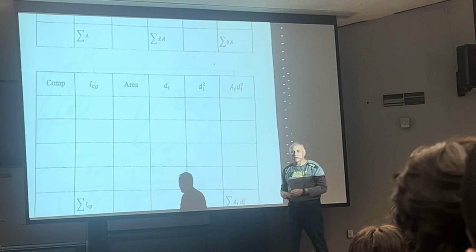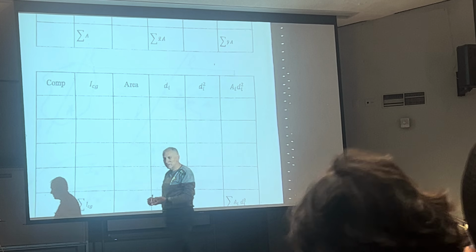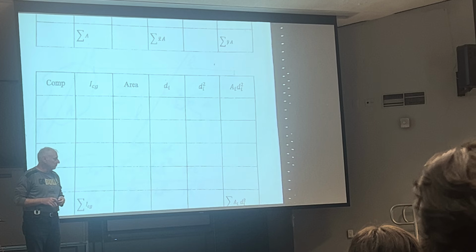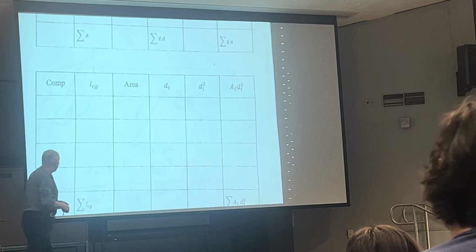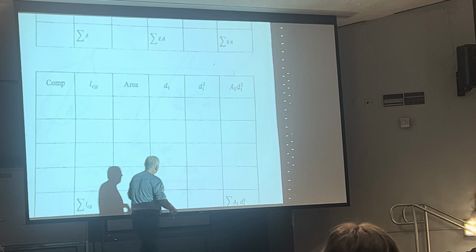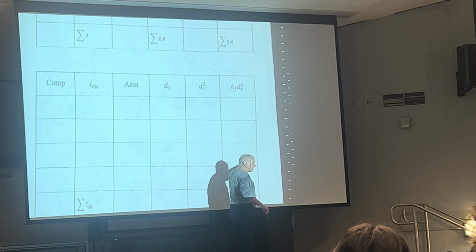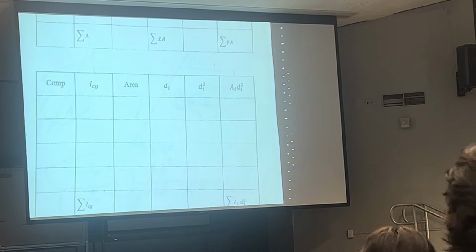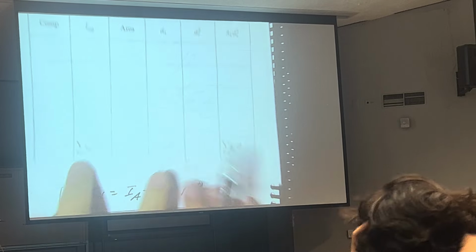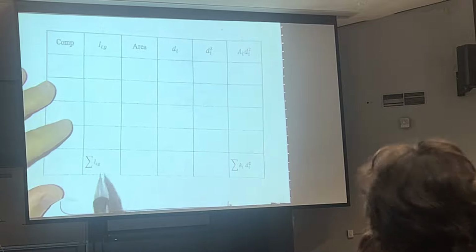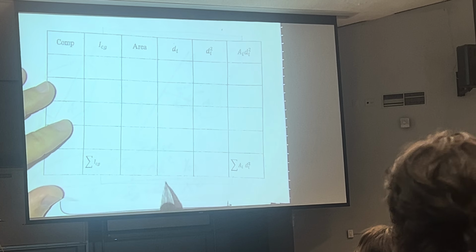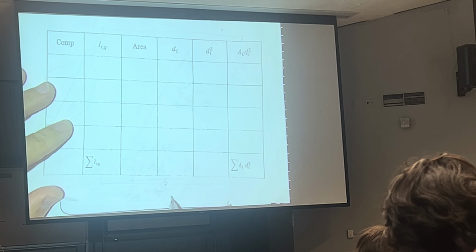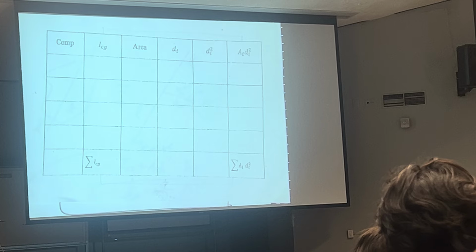What do I really have there? I have the parallel axis theorem in my table. If I take and add I CG plus A d squared, that is the parallel axis theorem. Eventually, I sum these two, and then add these two together to get I CG xx or yy or whatever it is.